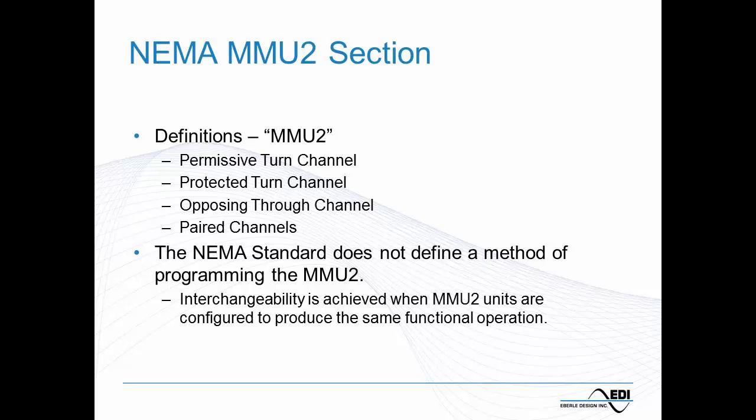That's fully protected. We have an opposing through channel. The opposing through channel is in the direction opposite of the left turn bay. This is where the motorist is looking to see a clear gap or a safe gap to turn. And we have this notion of paired channels, which I'll introduce in a minute.